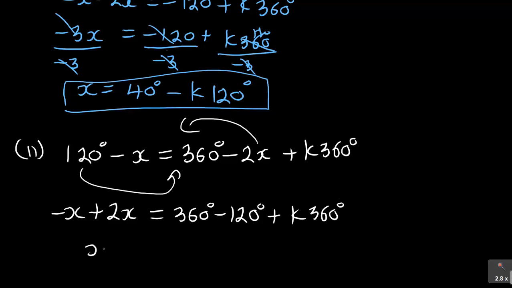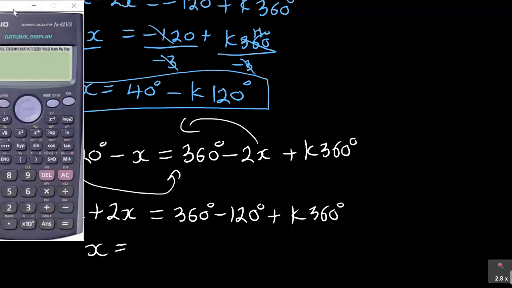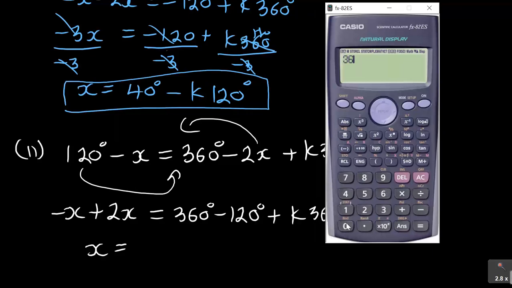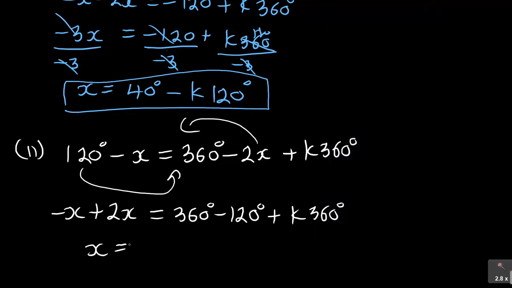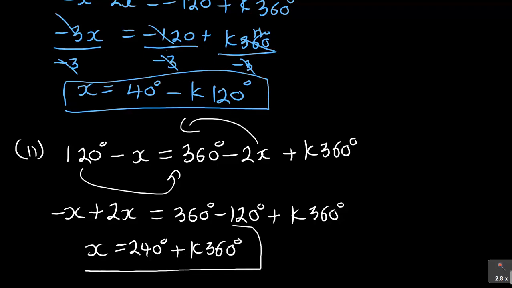So when you do that, you've got x is equal to 360 minus 120, it gives you 240. So this is 240 degrees plus k 360 degrees. So this is the general solution. Remember though, I forgot this, k is an element of z. They will penalize your marks if you forget that. So this is the second general solution.